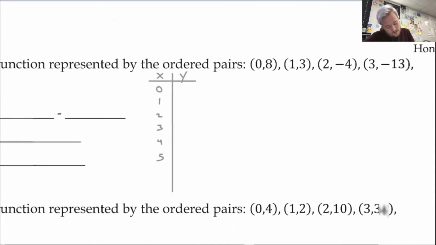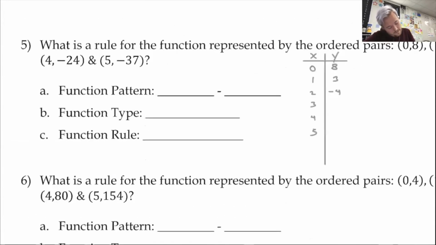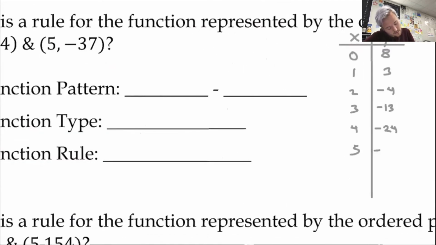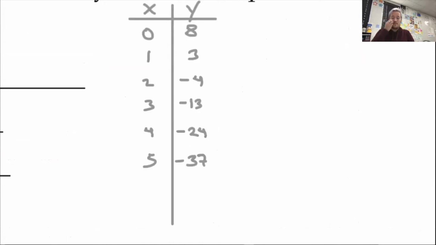All right, and then we're going to have 8, 3, -4, then -13, -24. Is it -37? Yeah. All right, so this is what we're looking at. So it's still a table. It's the same idea. It's just going to be set up a little bit differently.